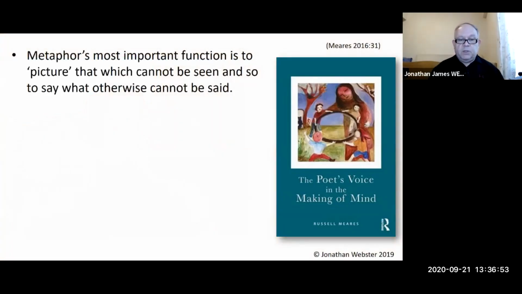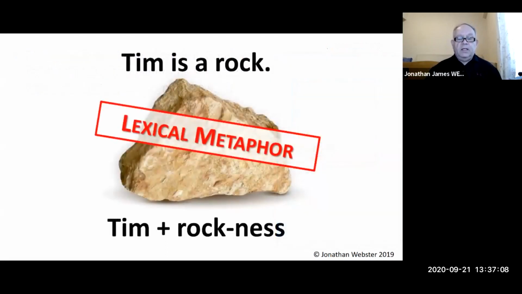In this book, he says, metaphor's most important function is to picture that which cannot be seen, and so to say what otherwise cannot be said. It's a picture-making function of metaphor. Now, what is metaphor?